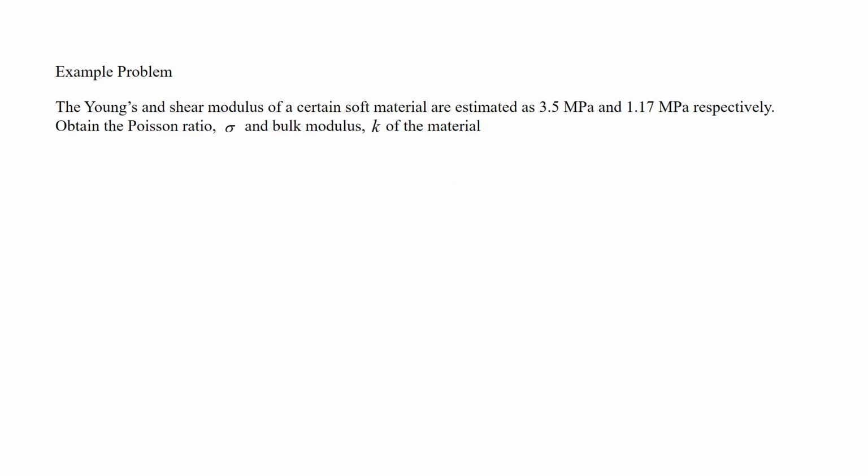So, today I would like to take a problem. The problem is very simple. Let us say the Young's and shear modulus of a certain soft material are estimated as 3.5 megapascal and 1.17 megapascal respectively. We can obtain the Poisson ratio. Here Young's modulus E is equal to 2 into 1 plus sigma into mu, and Young's modulus is 3.5 megapascal. 1 MPa is 10 to the power 6 Newton per meter square, or pascal, same thing.